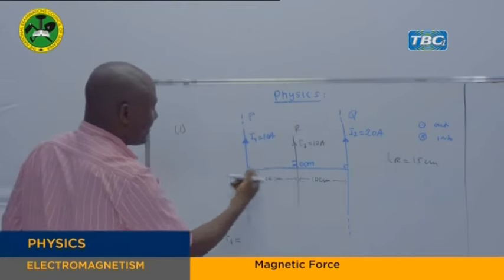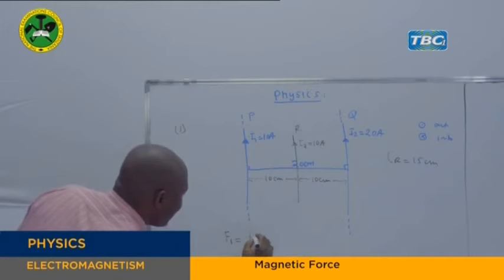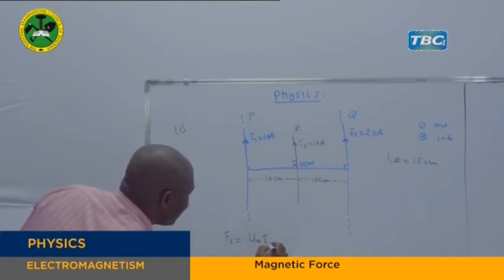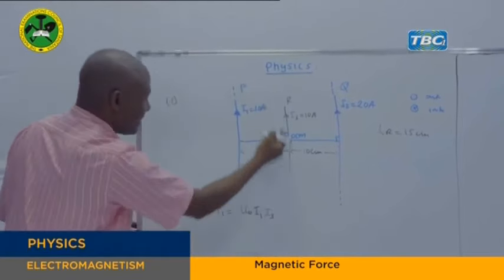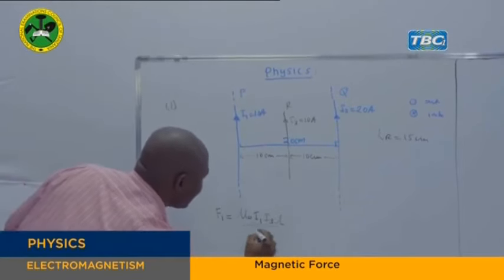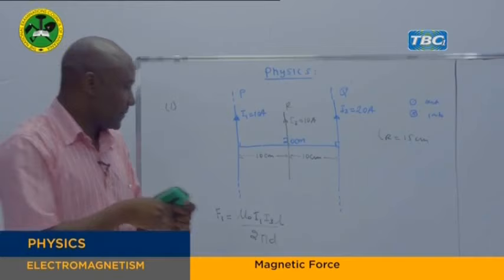These two wires are parallel, and we have been told that the force on the wire is given by mu I1 I3 L over 2 pi d. Let's find the magnitude, and at the end we shall find the direction.